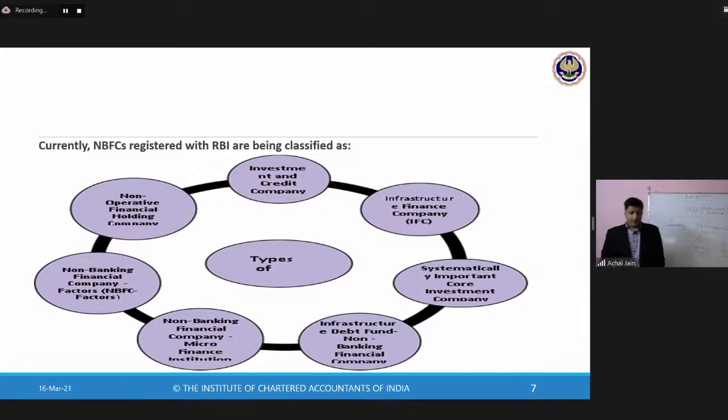For example, venture capital fund companies, they are again regulated by SEBI. So these are some of the entities which are again NBFCs. But being an NBFC, they are not really required to be driven as per the requirements of RBI. Instead some other regulation is driving them. That's why those have been exempt from registration with RBI.